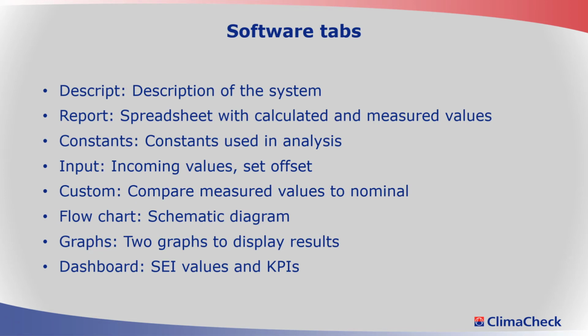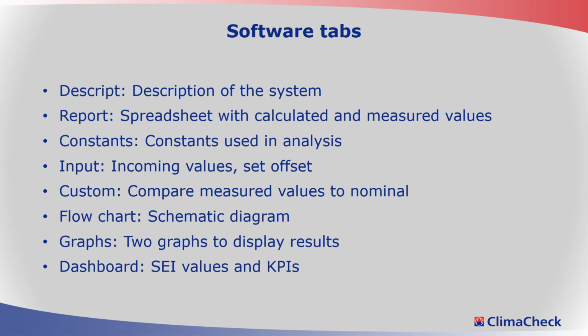So this is all the information we've included in the system setup at the beginning. We have the report, and this is a spreadsheet with calculated and measured values. We have the constants tab, where we're using all the constants to do the calculations. We have the input, where we see all the incoming values from our sensors.